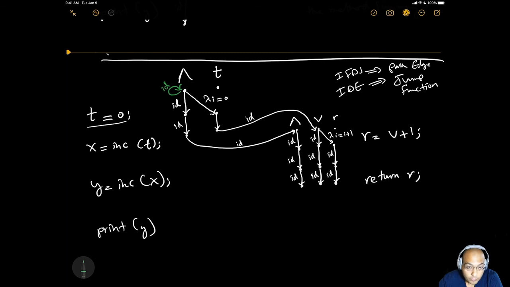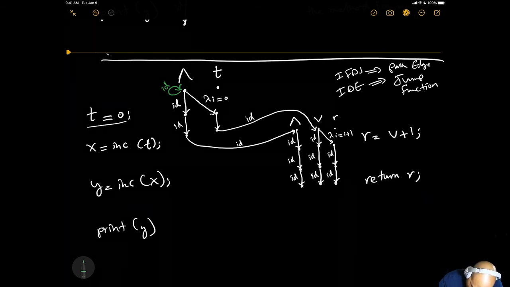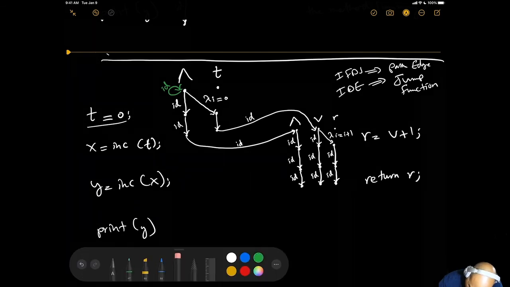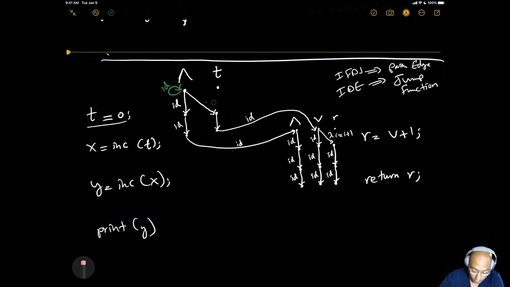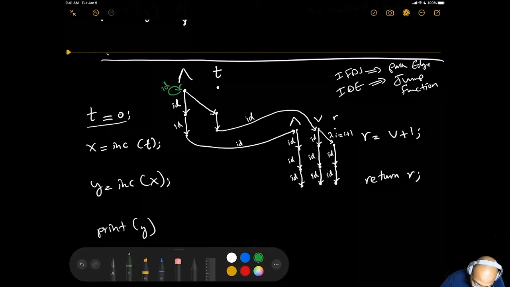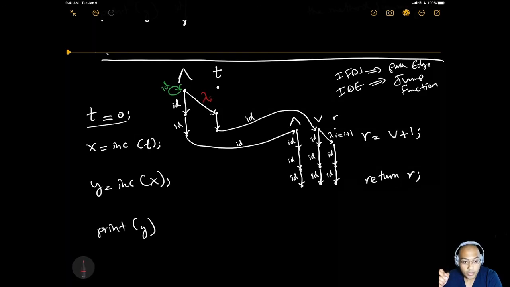Let me just color code some of those functions so that when we have the next computation, we'll know what it is. So this is lambda I equals 0. This is the first identity function that we have. Here we have our ID.